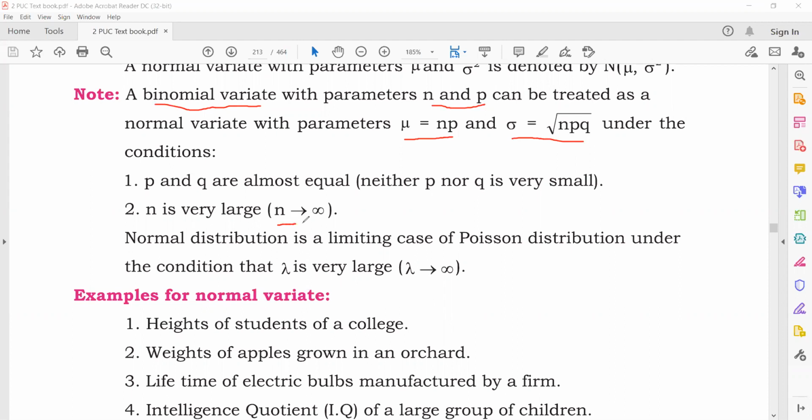Those conditions are that n is really large and p and q are almost equal, that is p is close to 0.5. That's why the number of defectives which we saw in the exercise is also normal. Even in case of Poisson distribution, like number of accidents, deaths, births, those can be studied using normal distribution, provided your lambda is very large.